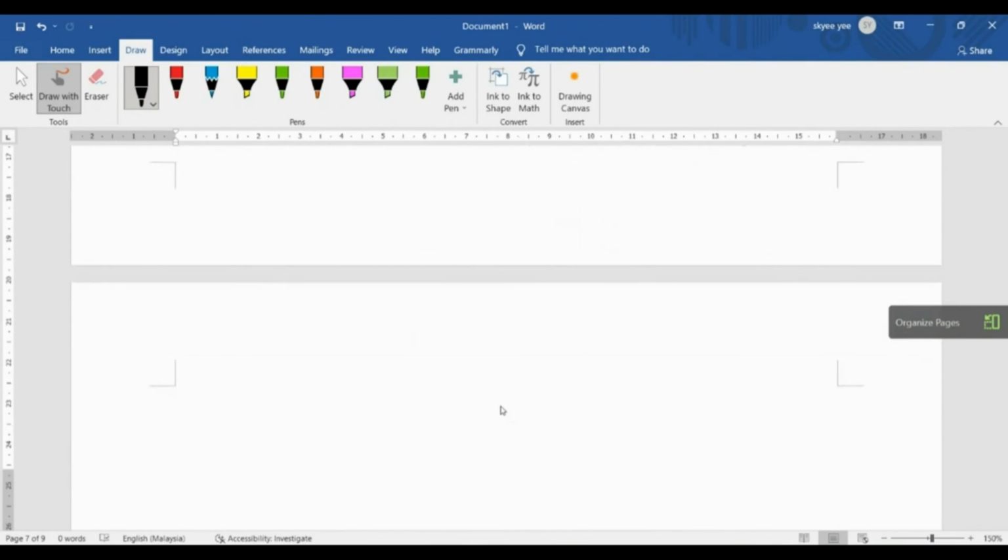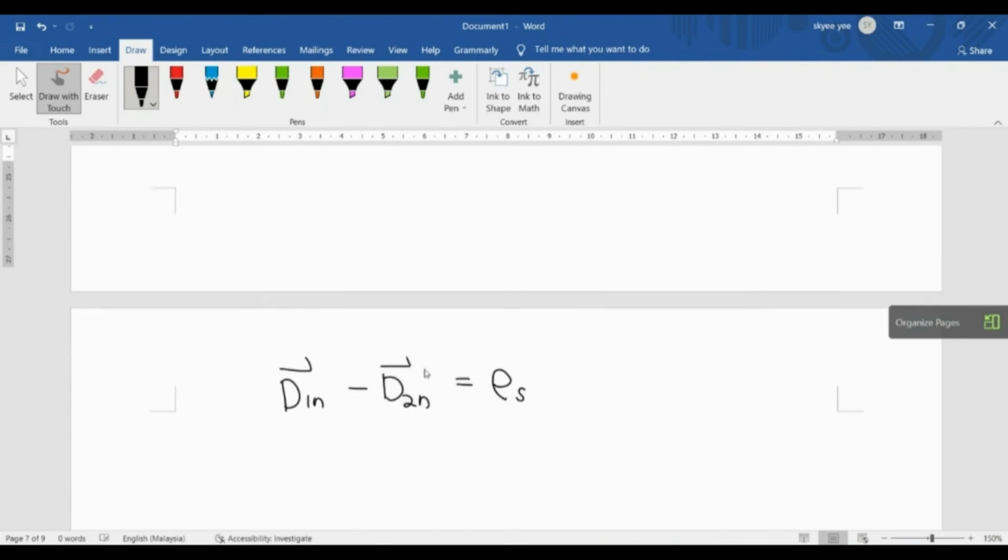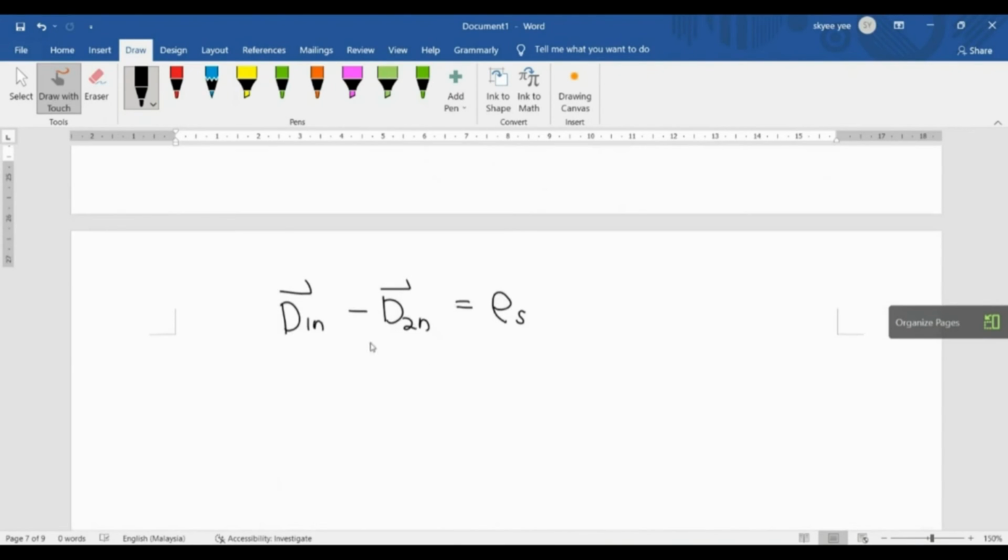Now we look at the second set of boundary conditions, which says that D1N minus D2N equals rho s. Now we wish to find D2N.